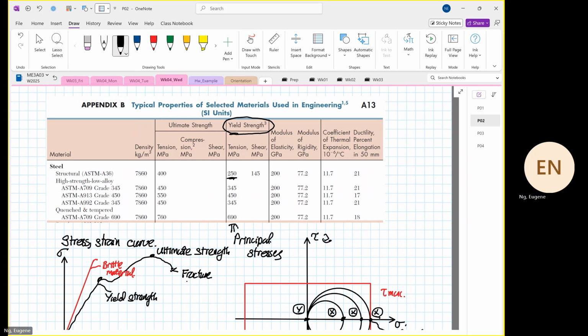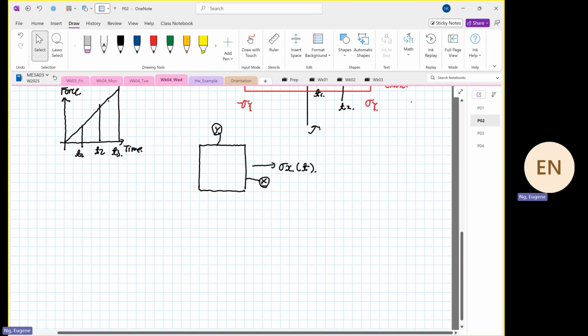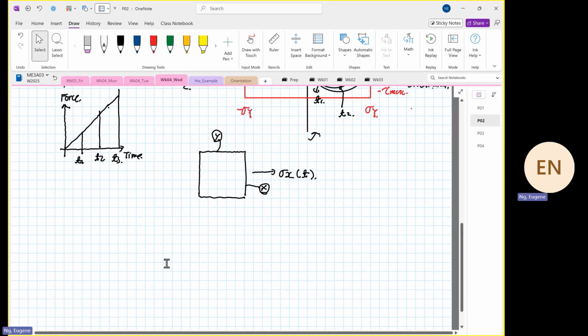Now, from here on, you can see what is going on with our normal stresses.